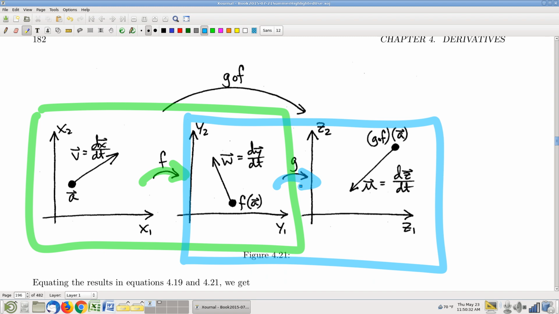Right? Well, in this scenario, I could very reasonably ask if the x's are moving with a certain velocity. Well, correspondingly, the y's are going to be moving with a certain velocity. And if the y's are moving with a certain velocity, then correspondingly the z's are moving with a certain velocity. And what's the relationship between all these different velocities?